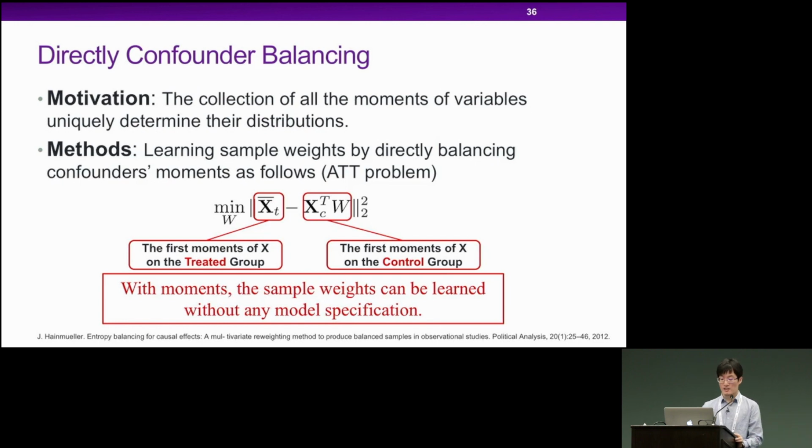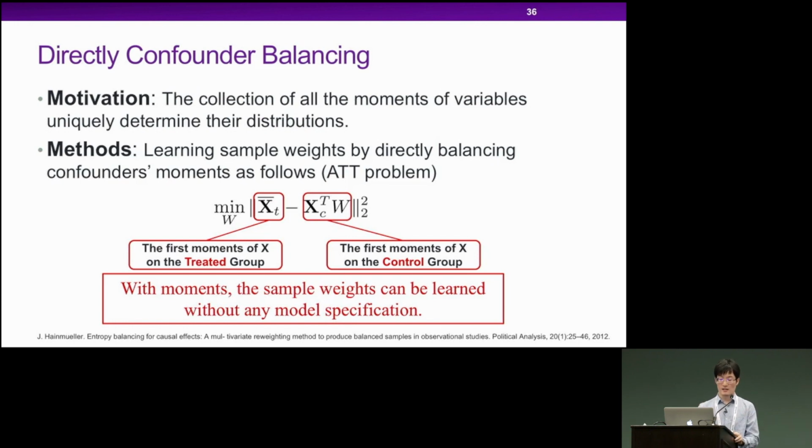Here we formulate it as an ATT problem, that is, the average treatment effect in the treated group, because in most cases we care about the average effect in the treated group, for example, the group that takes the medicine, right?